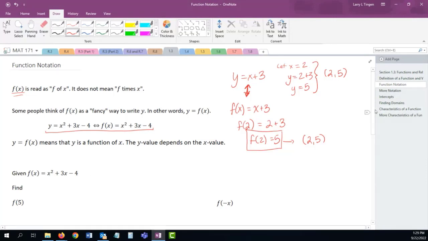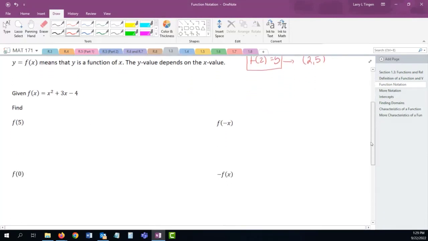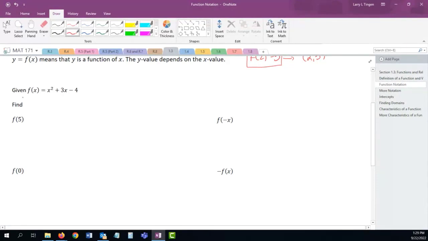And I want you to find the following values. Find, and so I told you this is read as f of x. You'll hear me say this as f at 5, not f of 5. So whenever it's a number in there, it's going to read as f of 5.